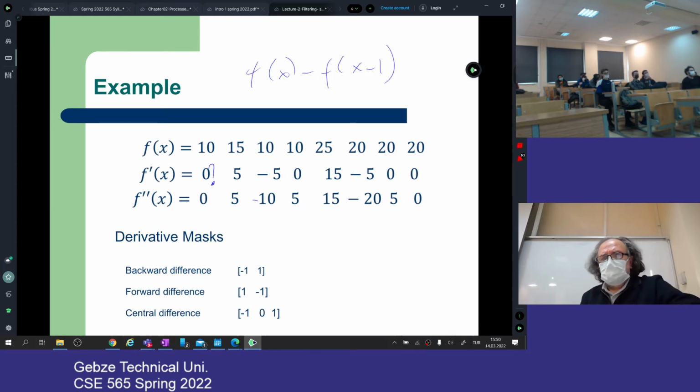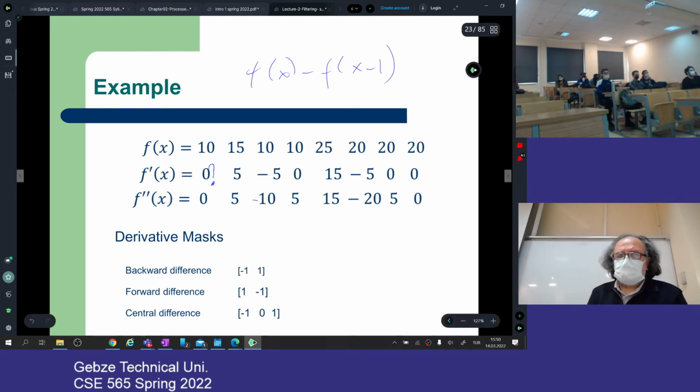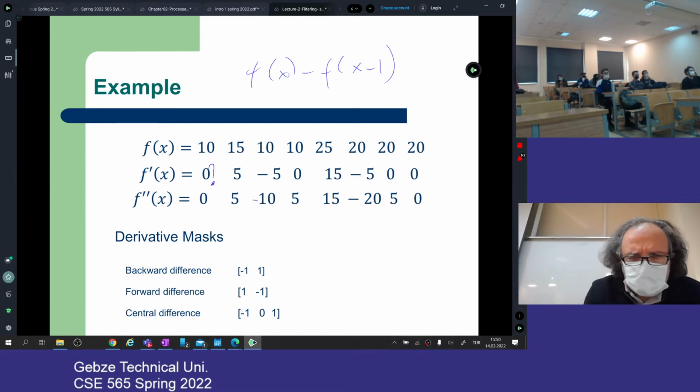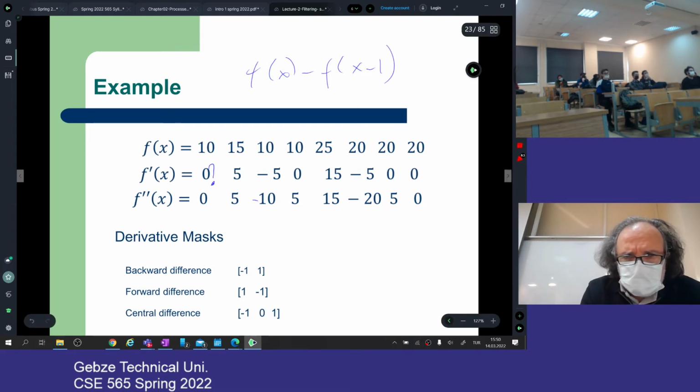Basically, for the backward difference, I multiply this by minus 1 and this by 1, and add them up. Minus 10 plus 15 is 5, and the same thing here too.